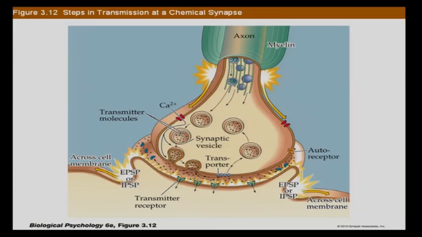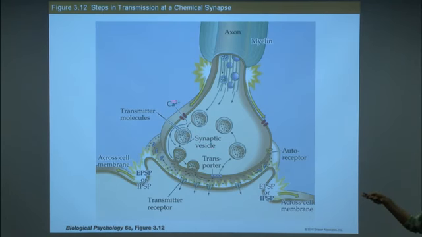So in the presynaptic terminal, you have little packets of neurotransmitters held in these little round synaptic vesicles. And the calcium helps those vesicles fuse with the presynaptic membrane that spits out all of its content into this synaptic cleft.